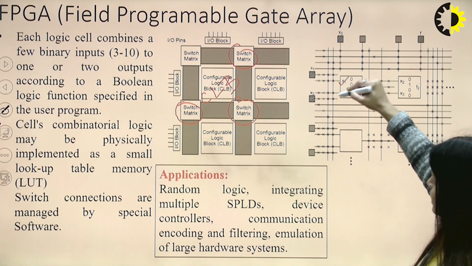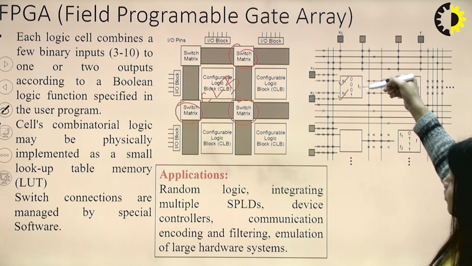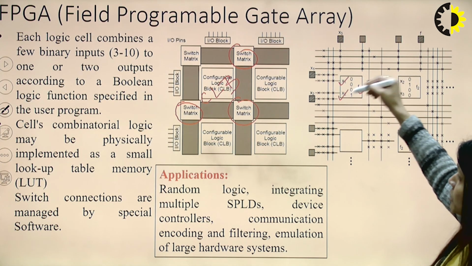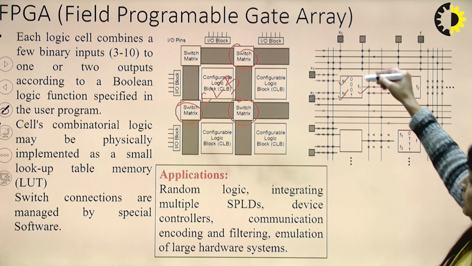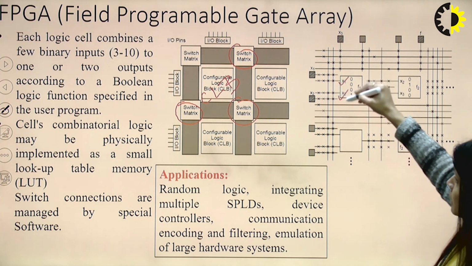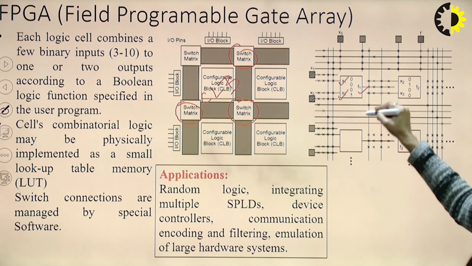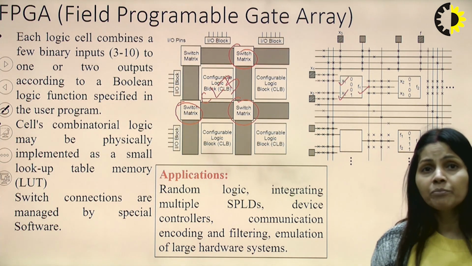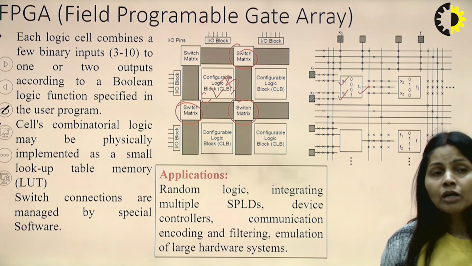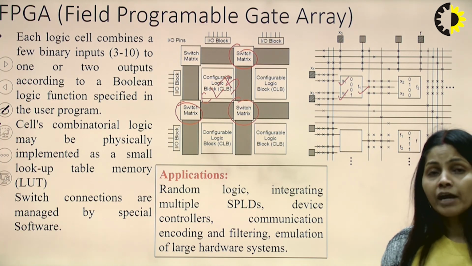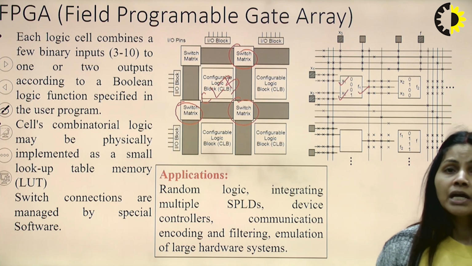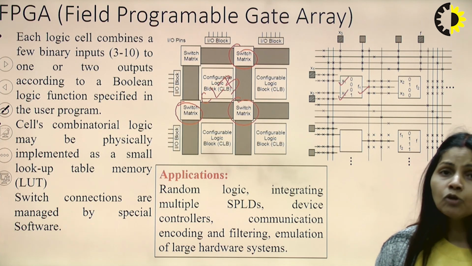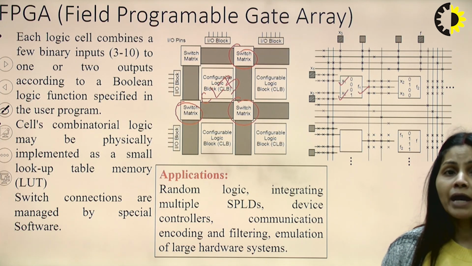Let's say we have inputs x1 and x2, and whatever the function in terms of x1 and x2. These are the connectivity switches, the wires have been shown, and the combinational logic of the cells can be physically implemented by lookup tables. Lookup tables are defined for every memory switch, and from the lookup table the connections can be managed.